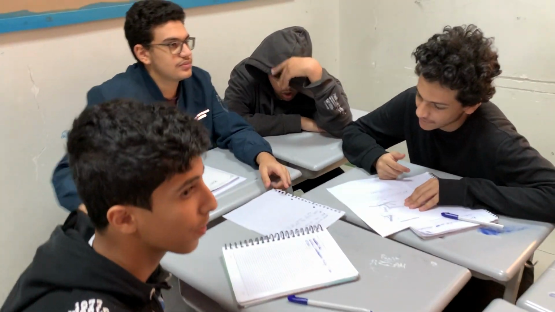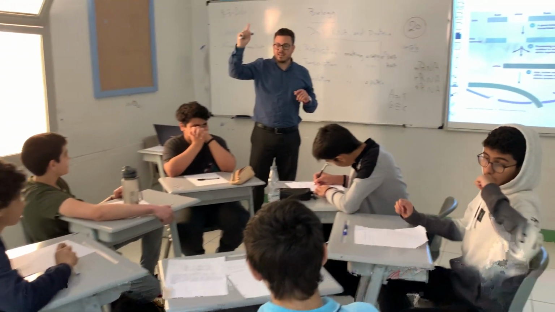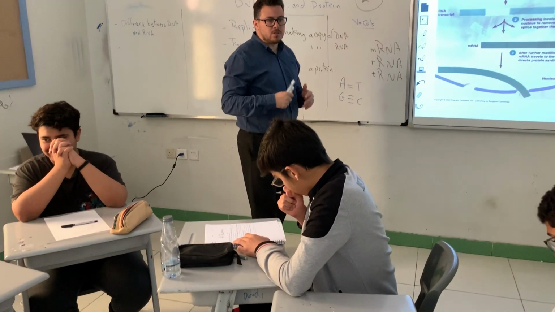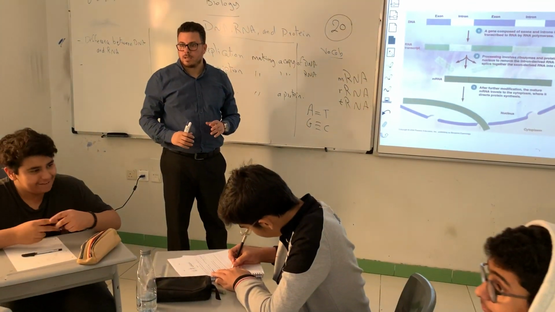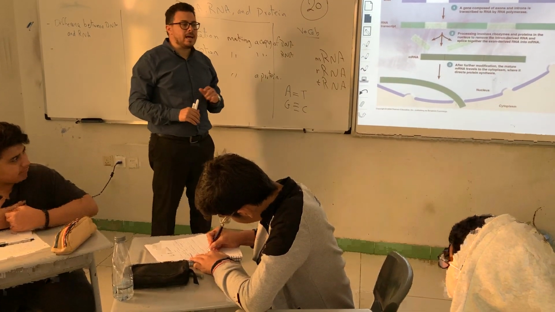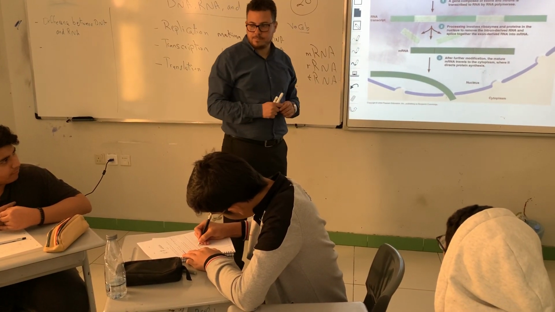Give me 1 minute because there is a point that must be clarified. Okay? I said after the process of transcription, the mRNA is called pre-mRNA. It means that it's not ready for starting the process of translation.